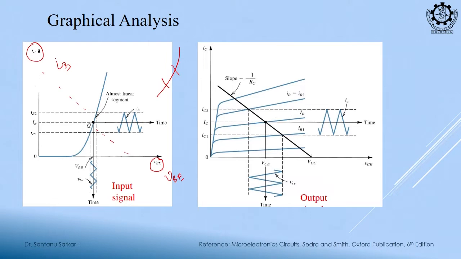Okay. Just to remember about your calculus. What we do is that even if a signal is nonlinear in nature, a small portion we can always think of as linear.